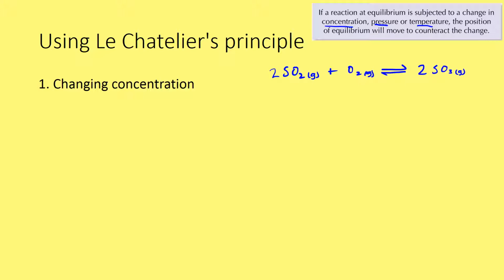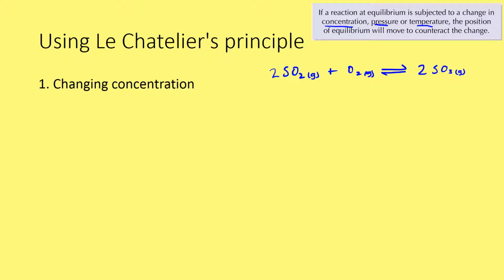Those reactions are happening at the same time. Sulfur dioxide reacts with oxygen to make sulfur trioxide, but at the same time sulfur trioxide is decomposing back into sulfur dioxide as the backward reaction.